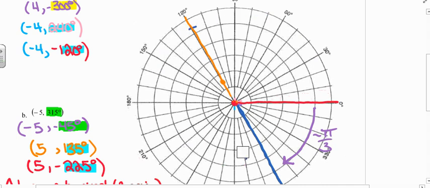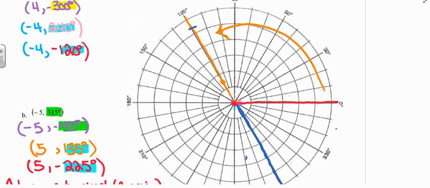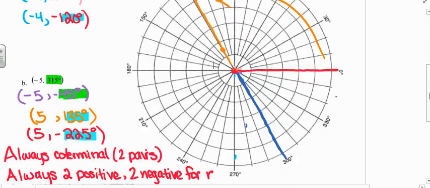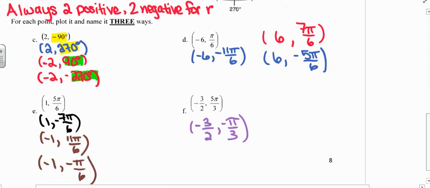I would instead want to end up right on that orange ray. So if I'm going from my polar axis there, that angle measure is going to be 2 pi over 3. And this time my radius is a positive number. So 3/2, 2 pi over 3.